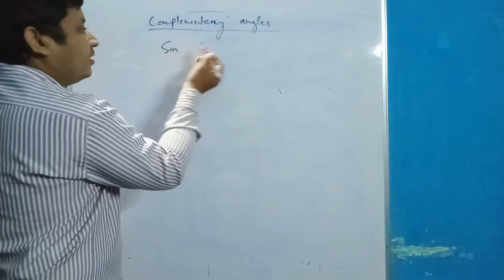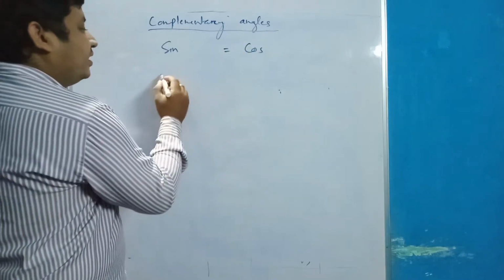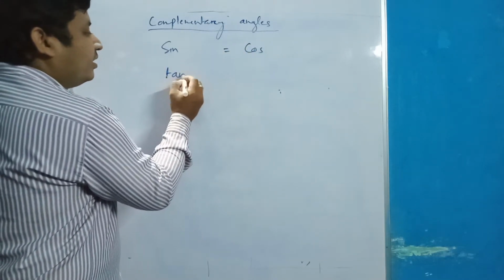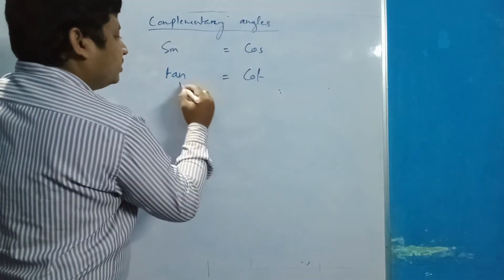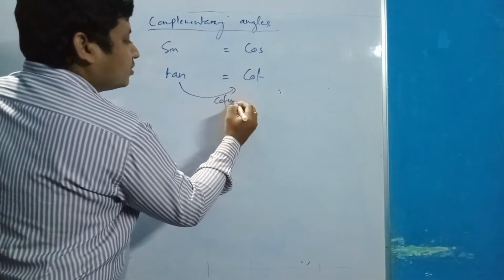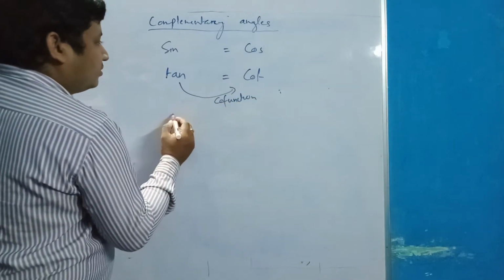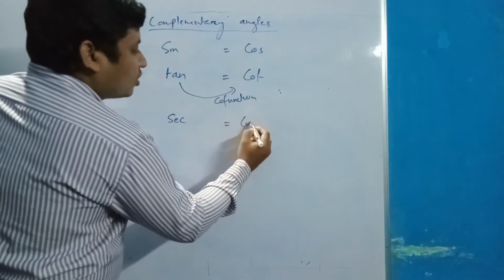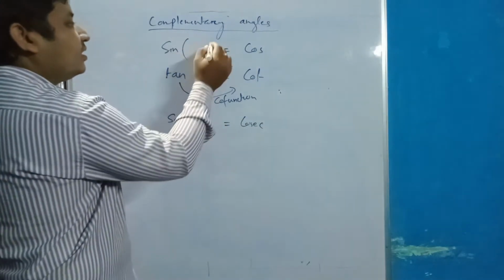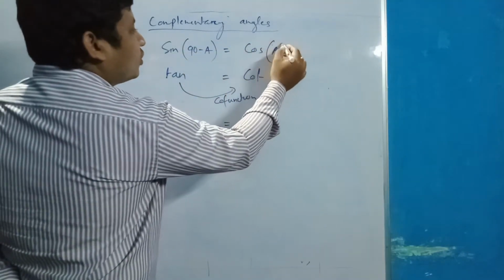Suppose sine, its cofunction is cosine. Then tan's cofunction is cot. Then sec's cofunction is cosec.